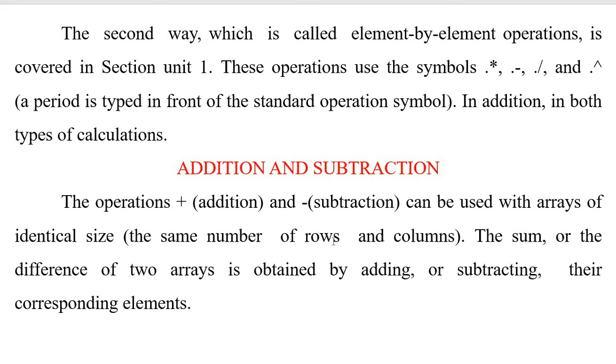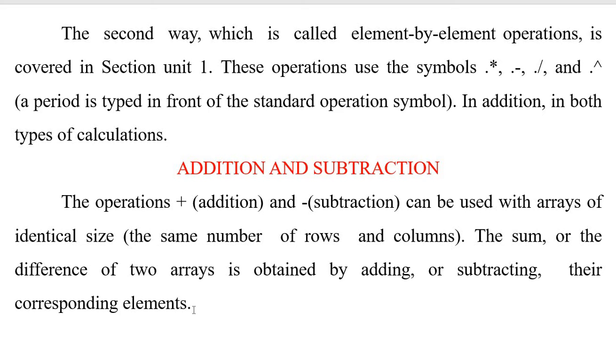Here also, to add or subtract two arrays, the same number of rows and columns is needed. The sum or difference of two arrays is obtained by adding or subtracting the corresponding elements.